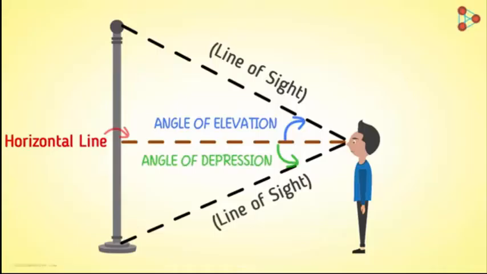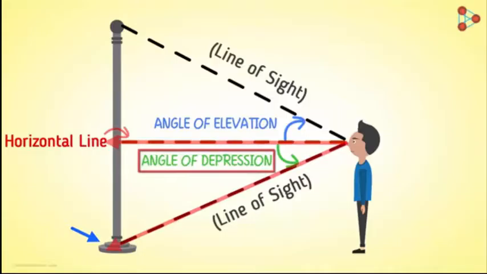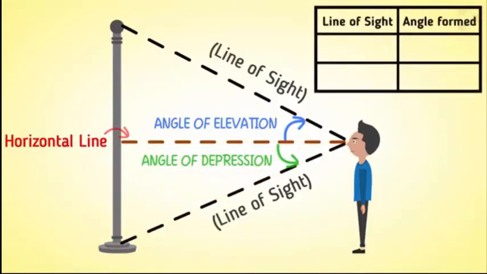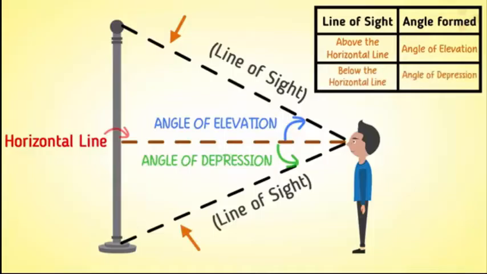When a person is looking down, the angle formed by the line of sight with the horizontal is the angle of depression. Here the line of sight is below the horizontal. So we can say that when the line of sight is above the horizontal, the angle of elevation is formed, and when the line of sight is below the horizontal, the angle of depression is formed.